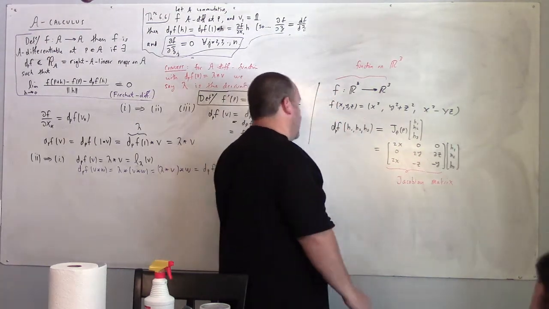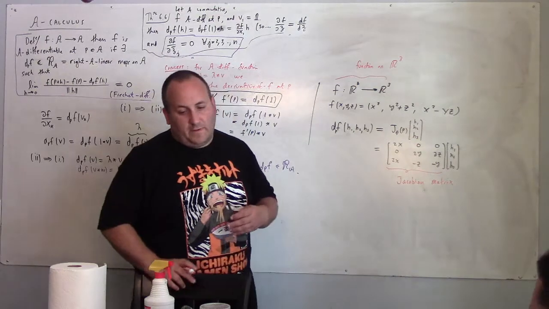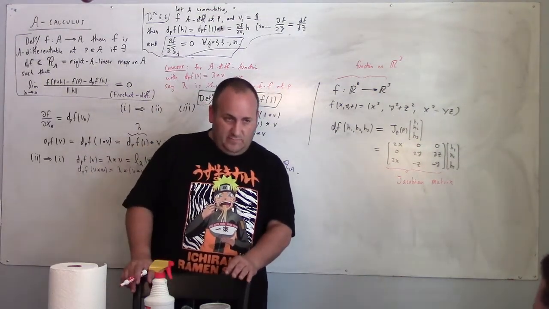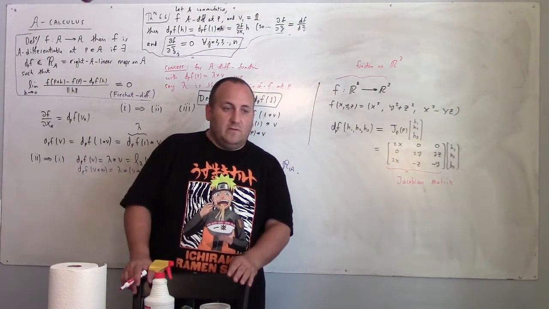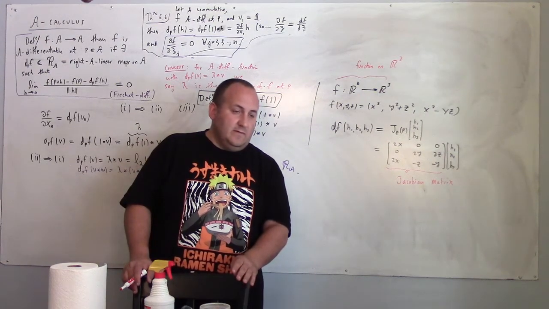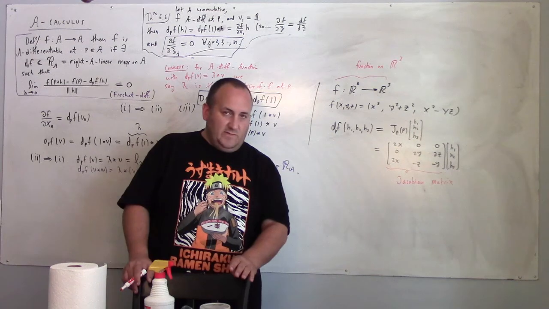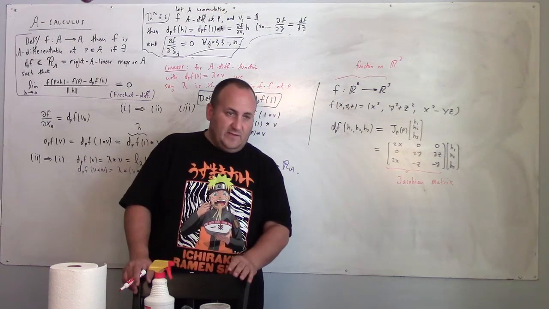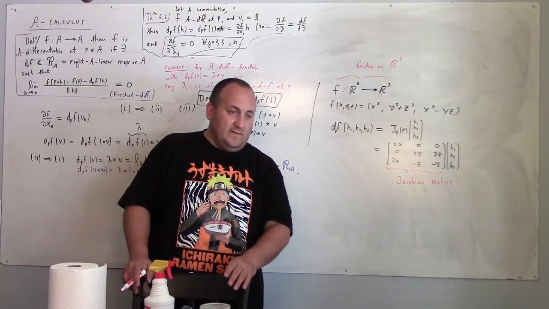Now, you haven't thought about this much because you haven't really thought about the derivative of a function from Rn to Rn. This has been hidden in your education thus far because we look at functions from R to R, and in that case the analog of the Jacobian matrix is a number.